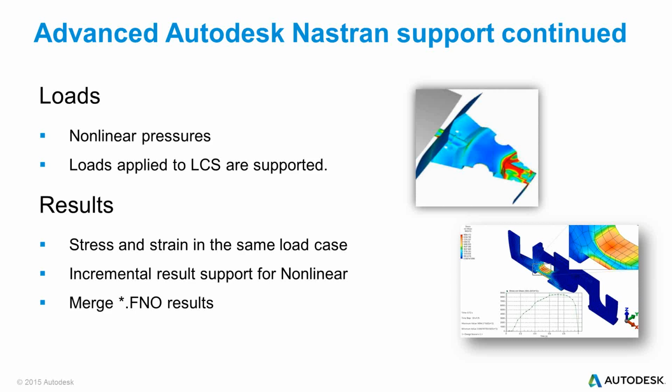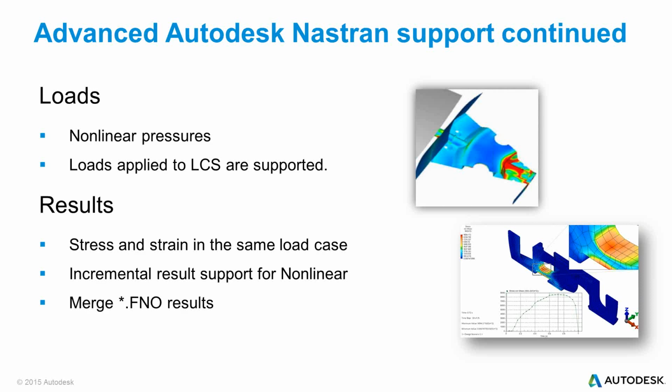This means you can basically set up an analysis in Simulation Mechanical, export to a Nastran file, and then if you need to, you can customize that Nastran file in Nastran Editor. You can solve it within the editor, which creates the FNO file. And then you can take that FNO file back into Simulation Mechanical by merging it and do some additional post-processing of your results in the Simulation Mechanical's results interface.